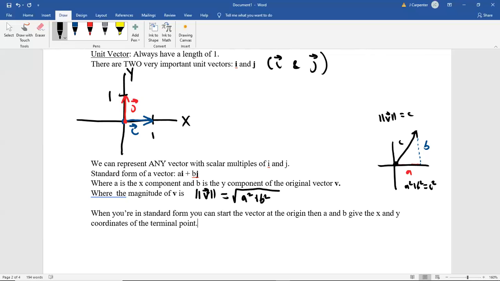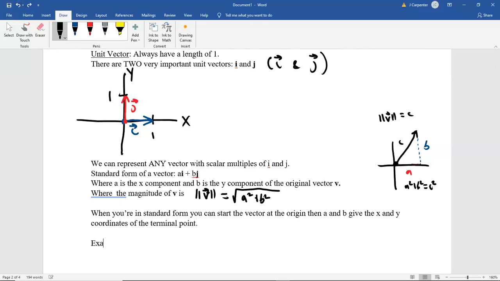Standard form is where it's at. You can start and end a vector wherever you want, but when we want to break it down to the simplest terms possible, we just want to know the X component length, the Y component length, so that we could put it at the origin and make it a lot simpler. That's what standard form represents. And again, the I tells you how far right or left to go. The J tells you how far down or up to go.